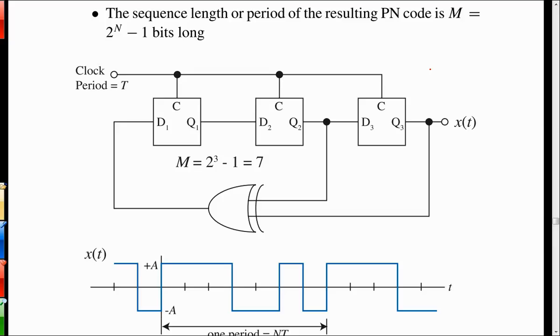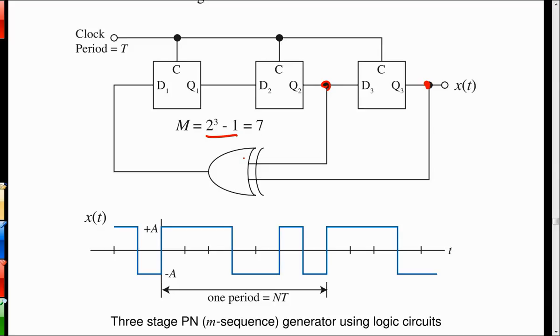In this case, because it's got 3 flip-flops and the feedbacks are connected to the optimal points along this 3-element shift register, it generates what's called the M sequence, where M stands for maximal length sequence. The maximal length you can generate with 3 stages is 2 to the 3 minus 1, or 7. So the pattern it generates is a 7-bit long sequence, and then it starts over again.